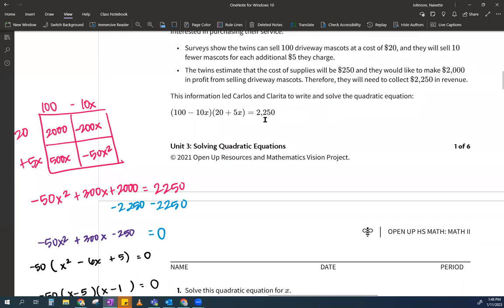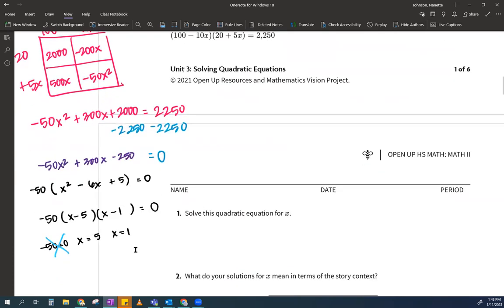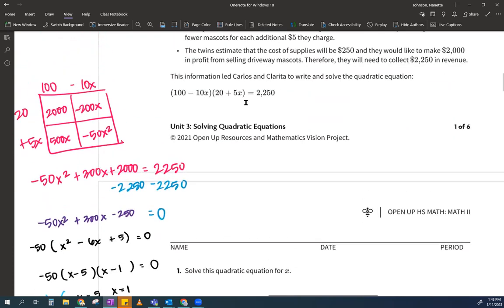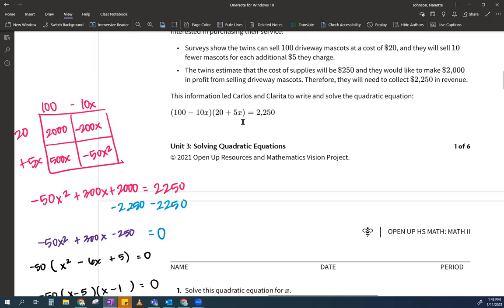$2,000 profit. Ms. Johnson, it says 2,250. Yeah, but remember you had to spend $250 on there, so you had to make up for that. Another way you can think about this too is if I charge a lot more. If I charge 5 times 5, which is 25, plus the $20, if I charge $45 a driveway, but Ms. Johnson, you're going to get way less driveways to paint.